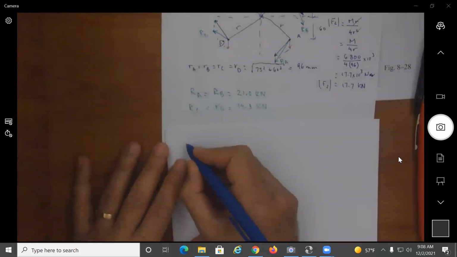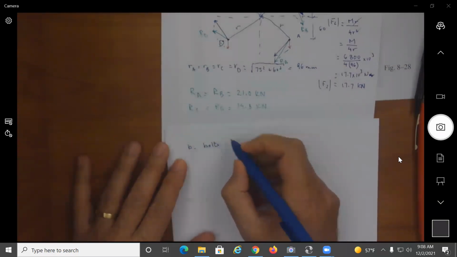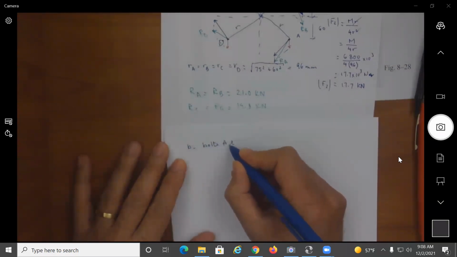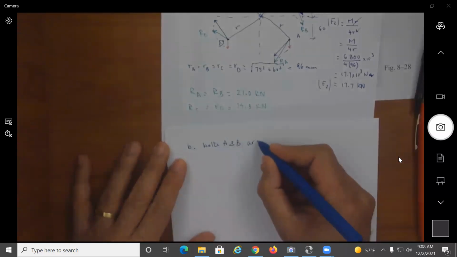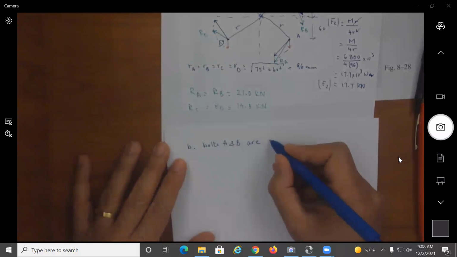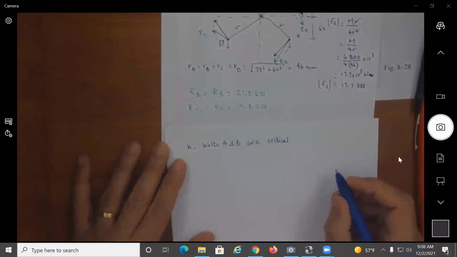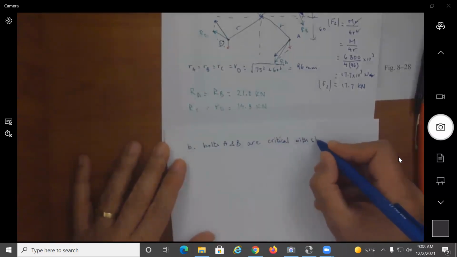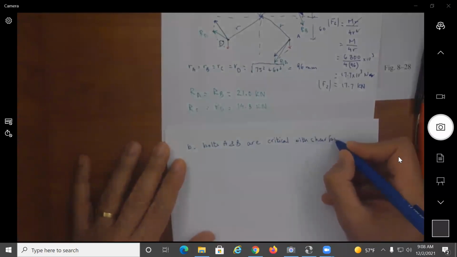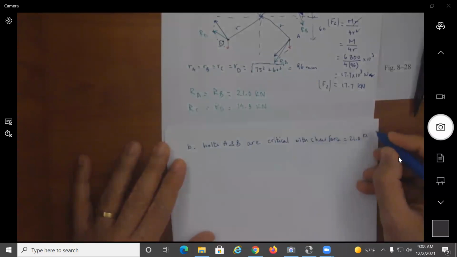So for part B here, we say that the bolts A and B are the critical ones, with a shear force that is equal to 21 kilonewton.